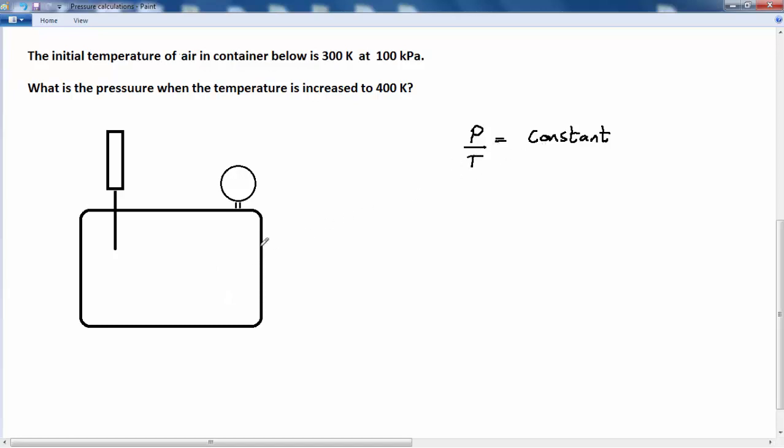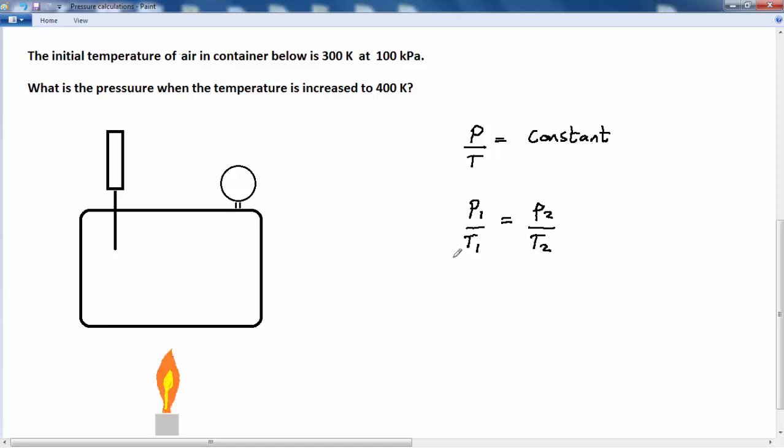It never changes, providing the volume remains constant. So we can say that the initial pressure, P1, divided by the initial temperature, T1, will be equal to the final pressure, P2, divided by the final temperature, T2.